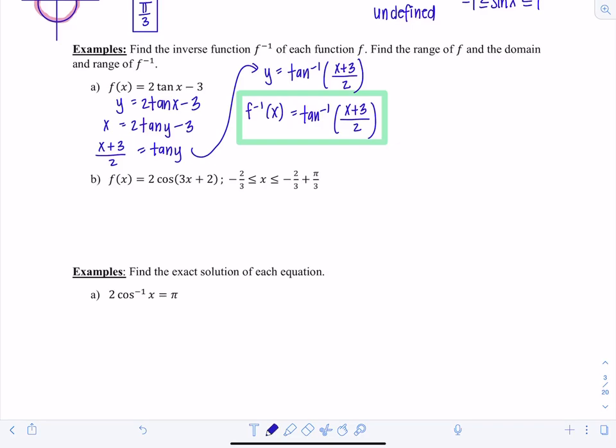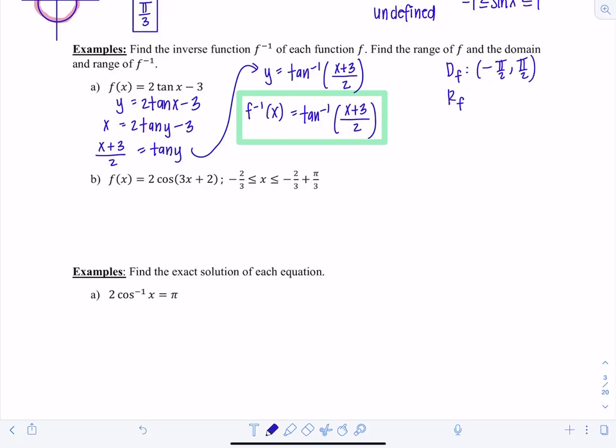So I think we also need to list the domain of f. That way it'll help us find the domain and range of the inverse function. Don't you agree? So f of x is 2 tan x minus 3. Remember, we have to restrict the domain for tangent. So the domain of f is going to be from negative pi over 2 to pi over 2.